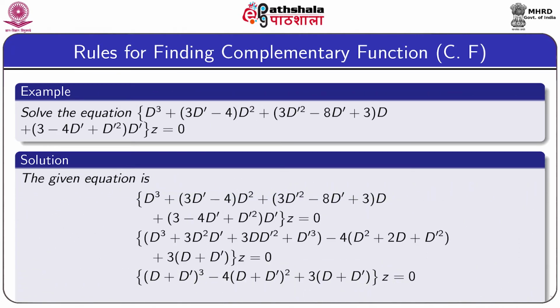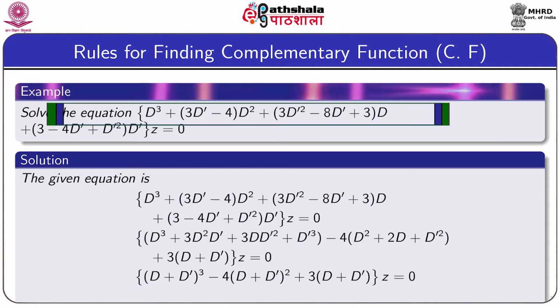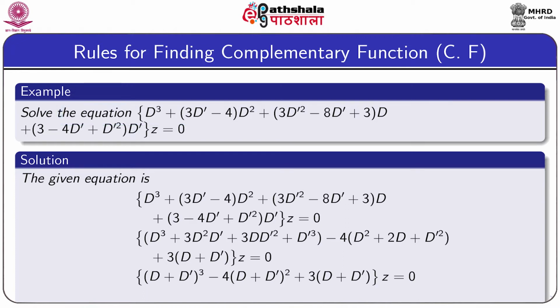So, to illustrate the idea, we are taking one example. The expression for capital F is written here: d cube plus 3d dash minus 4 into d square plus 3d dash square minus 8d plus 3d plus 3 in minus 4d dash plus d dash square into d dash z equals 0.